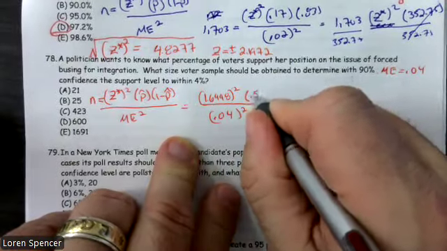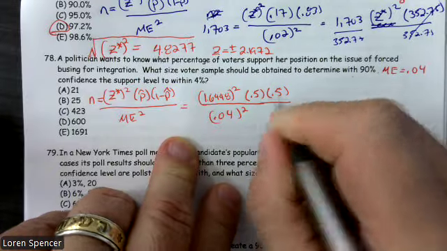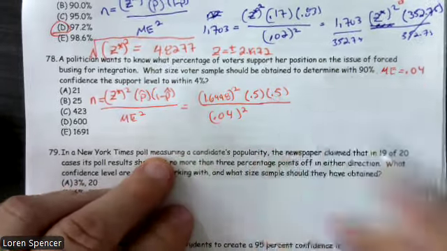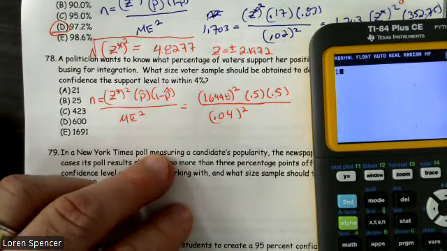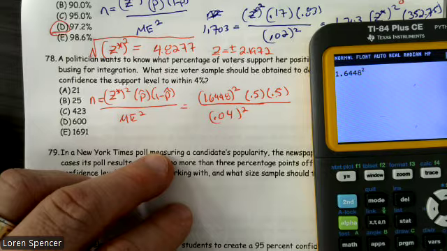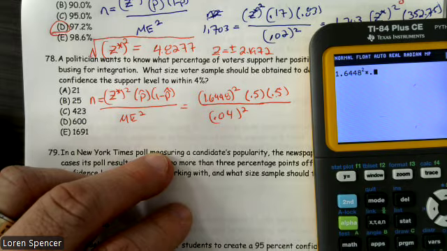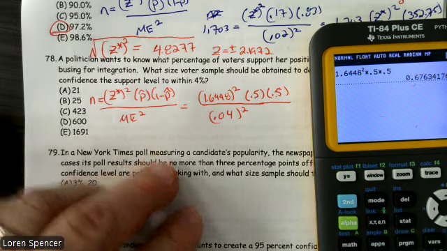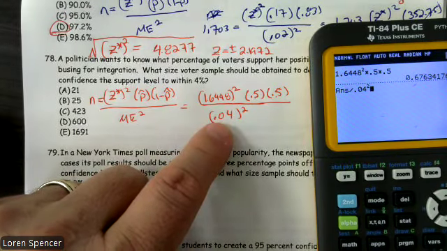So we have to use the worst case, which gives us our largest standard deviation. This is P, this is 1 minus P. So 1.6448 squared times 0.25. You know what? I won't skip that. 1.6448 squared times 0.5 times 0.5. So that takes care of the numerator, divided by 0.04 squared.